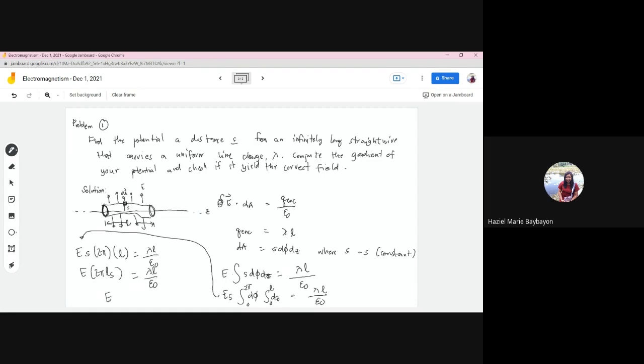So we have E, the electric field, is equal to lambda L over 2 pi LS epsilon naught, or this is just equal to lambda divided by 2 pi epsilon naught times S. Okay, so this is the electric field, and this is directed towards the radial direction.